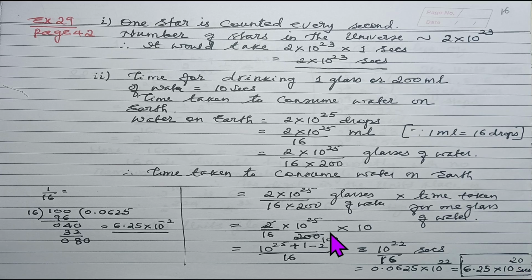So that is the answer. Otherwise we can divide 1 by 16, we get 0.0625, and 0.0625 becomes 6.25 into 10 raised to minus 2. So I can take it as 6.25 into 10 raised to minus 2 into 10 raised to 22. That means minus 2 plus 22 becomes 20, and the answer is 6.25 into 10 raised to 20 seconds.